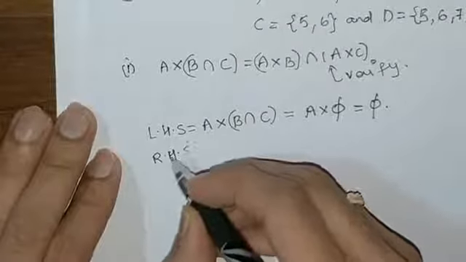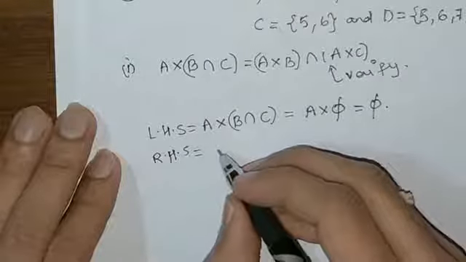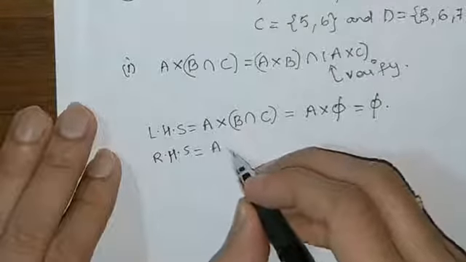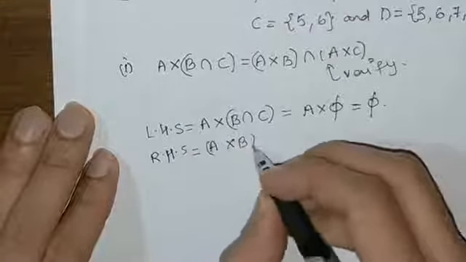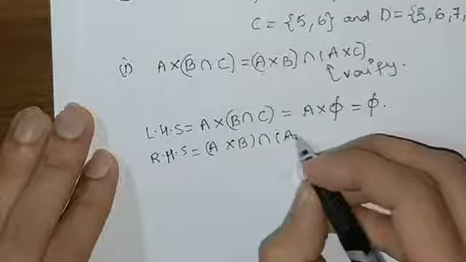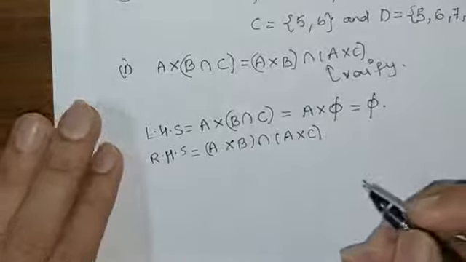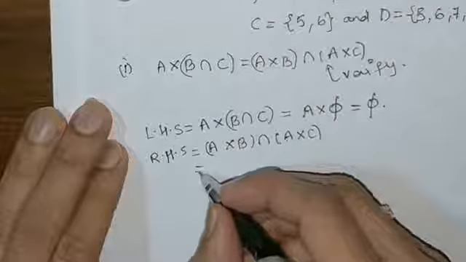RHS is equal to (A cross B) intersection (A cross C), which is equal to.